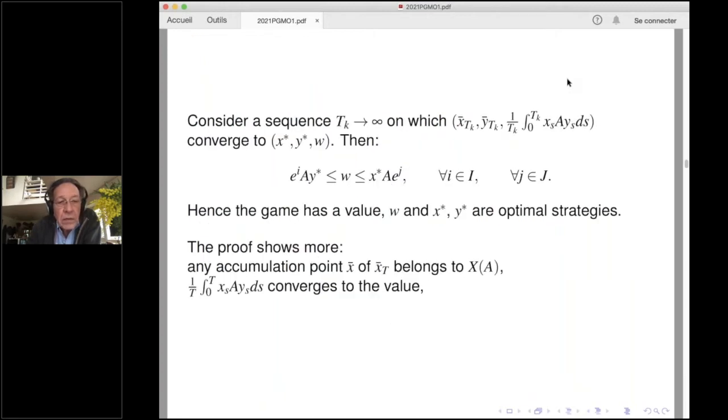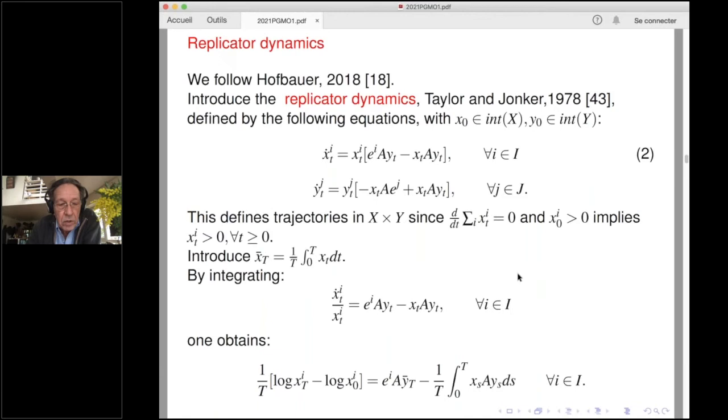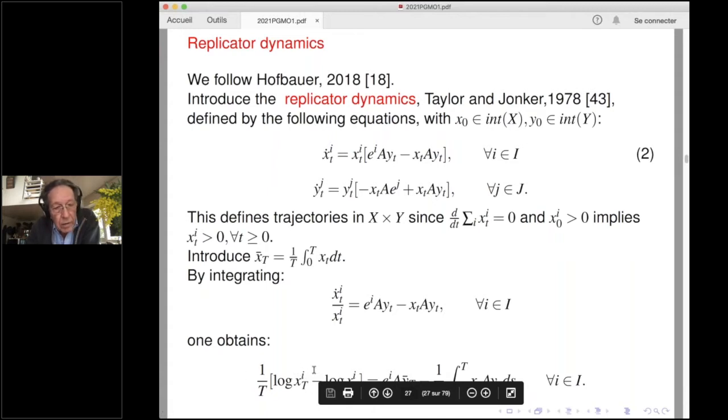I take now a subsequence on which the average of the strategy of player one, of player two, and the average payoff converge. So this will be a mixed strategy of player one, a mixed strategy of player two, and this is a number. Then using the previous equation here, this will converge to A x y, this will converge to W, and this term here is obviously negative, okay?